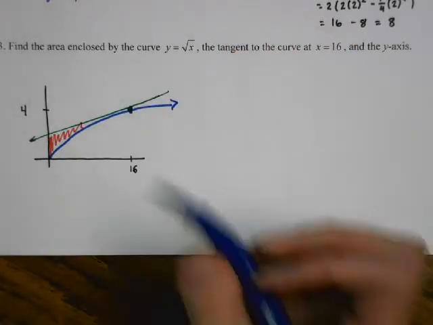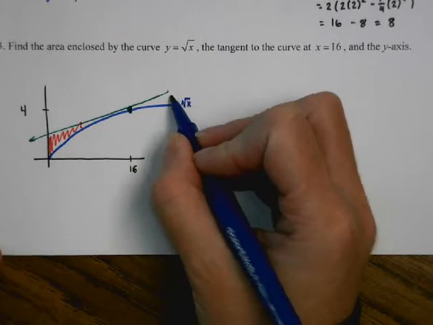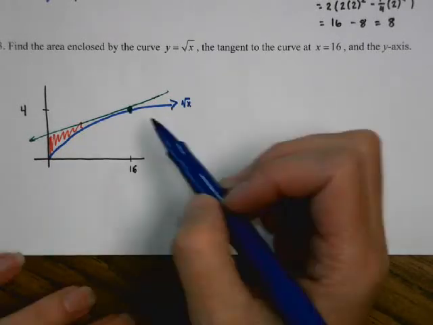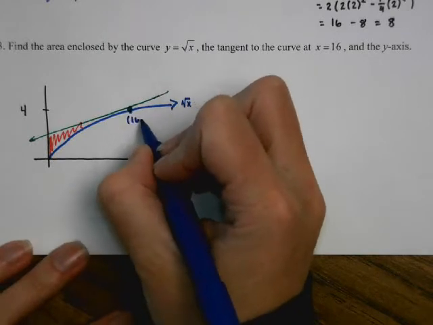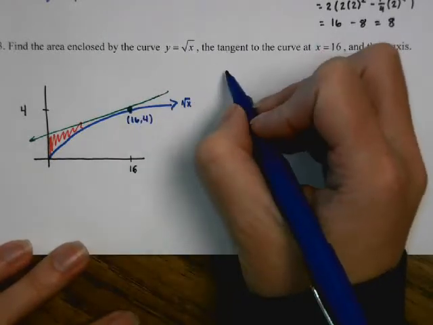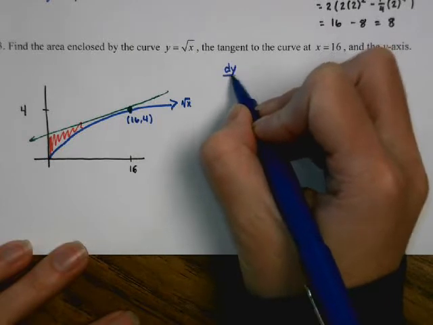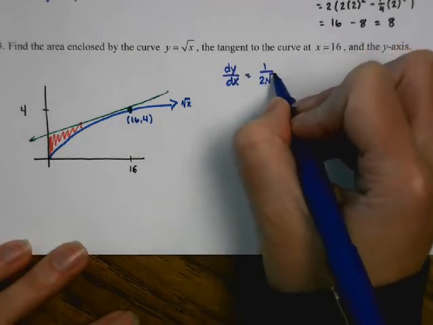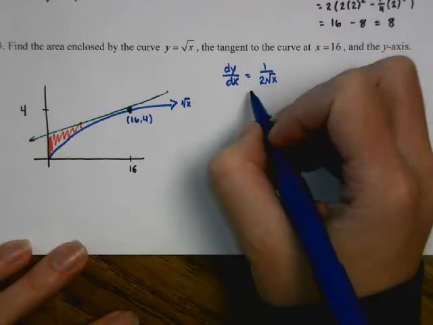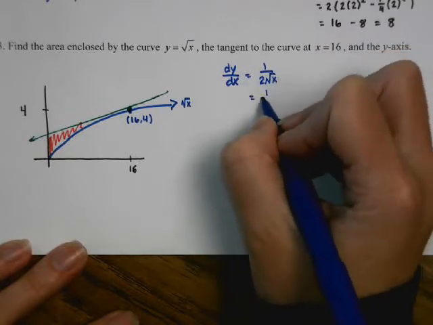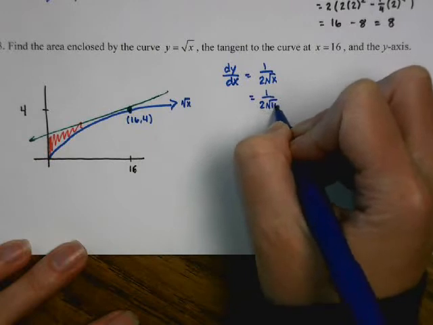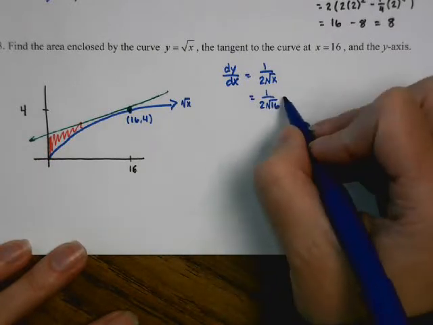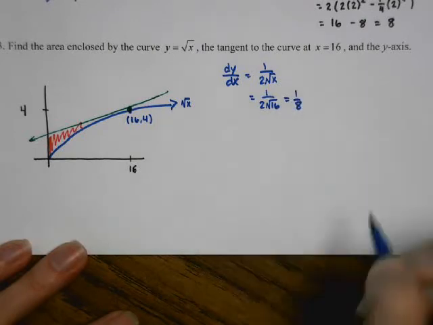So this is the square root of x, and we need to find the equation of that tangent line at 16. So we know the point there is (16, 4). The slope is going to be 1 over 2 root x. So at 16, that's going to be 1 over 2 root 16, so 1 over 2 times 4, or 1/8.